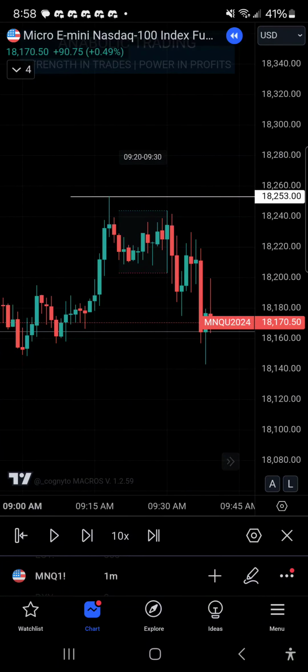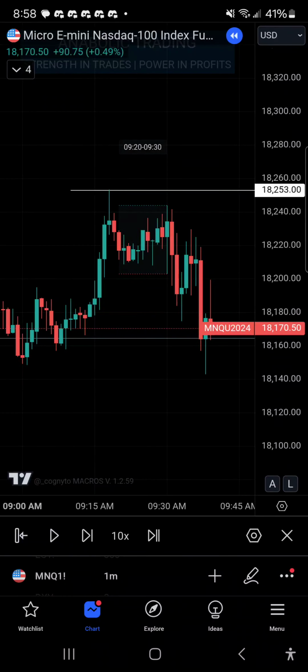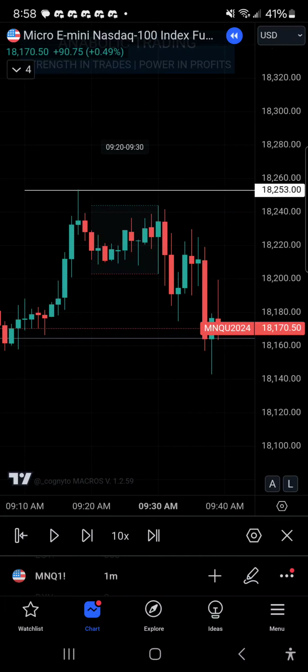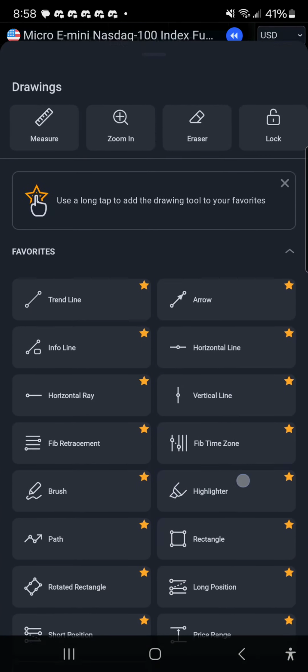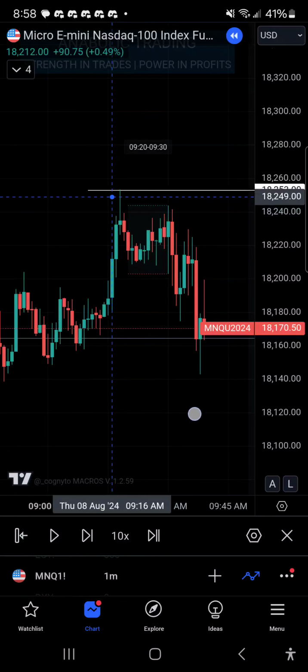Now this right here is a real reversal, right? So what we want to see is price make a higher high like it did here.